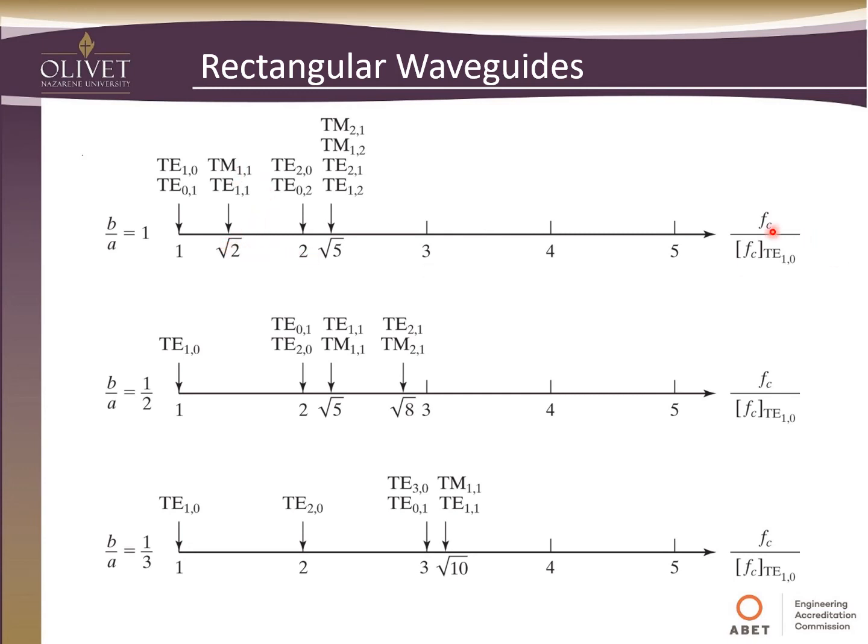When we get up to twice the dominant mode cutoff frequency, then our TE20 and TE02 modes propagate. And when this ratio gets up to the square root of 5, you see all these modes propagate.